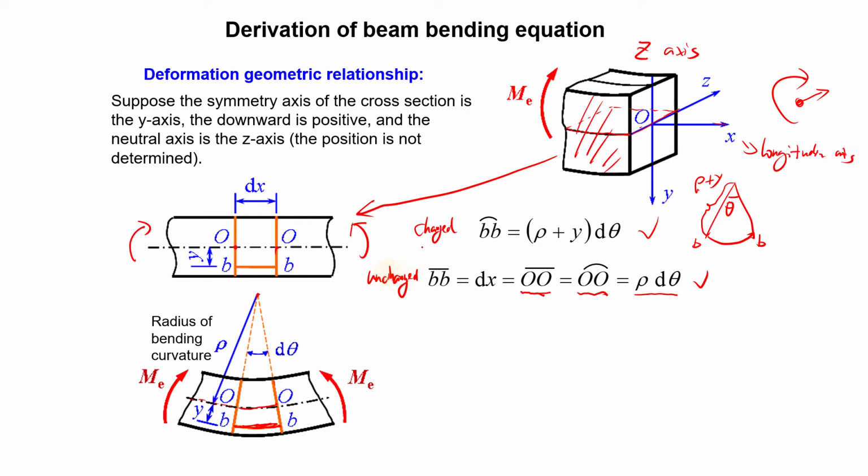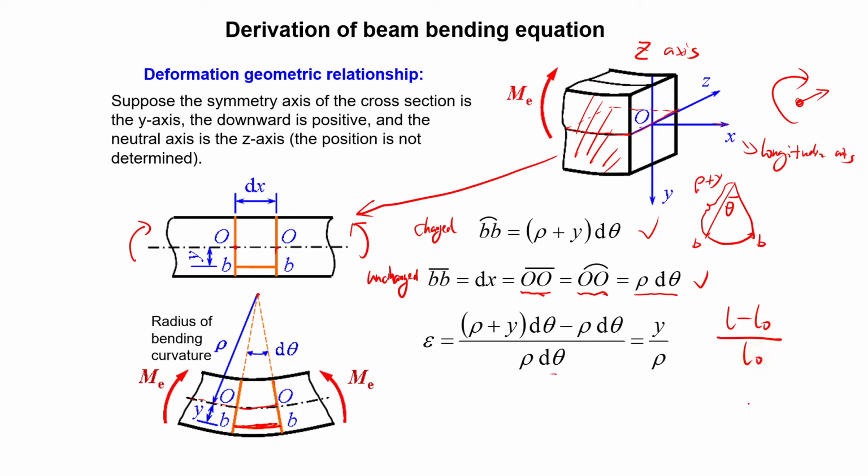Now for the strain: strain equals the changed length minus the original length, divided by the original length. By substituting this equation in, we can cancel rho d theta, and eventually d theta is cancelled as well.